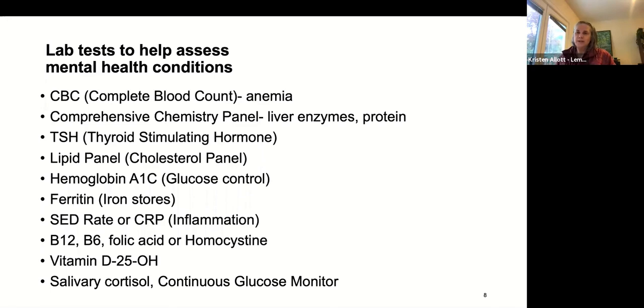In Washington State, insurance companies will not pay for vitamin D. And yet we live in a state where there's virtually no sunlight. Like, it is worth getting a vitamin D done and making sure that you're between 70 and 90, which is the range that I like people in.